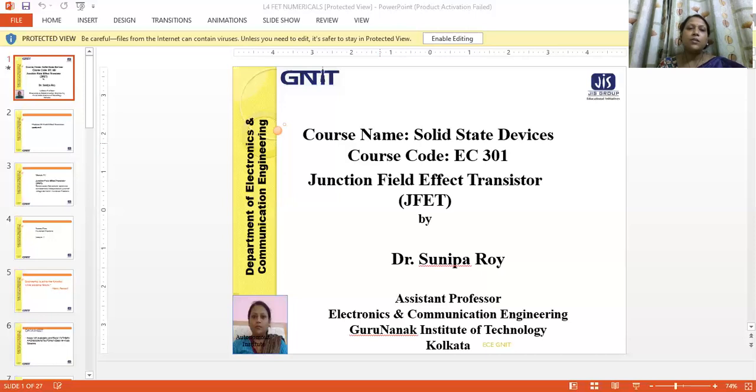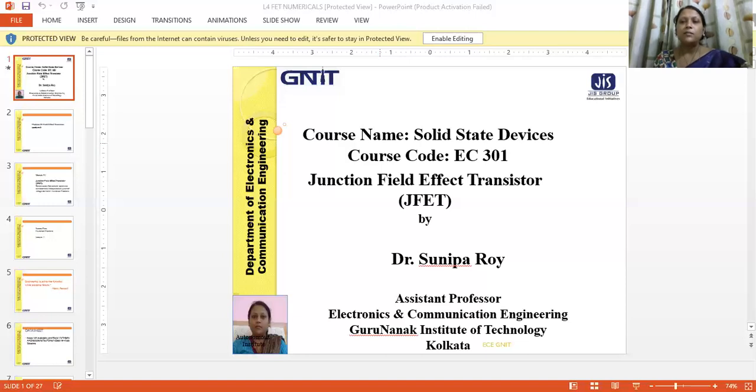So here we can see the cascade connection of FET, because we have to understand how the circuit is made. The output of one amplifier is the input to the next amplifier. So the overall gain AV equals AV1 times AV2, where AV1 is the gain of the first amplifier and AV2 is the gain of the second amplifier.